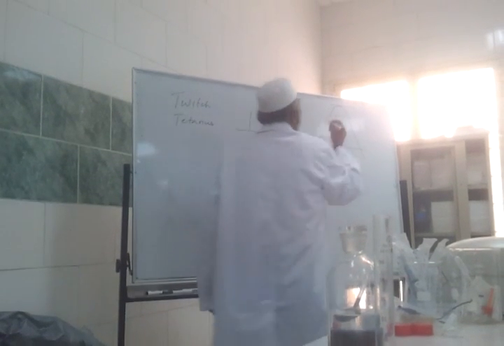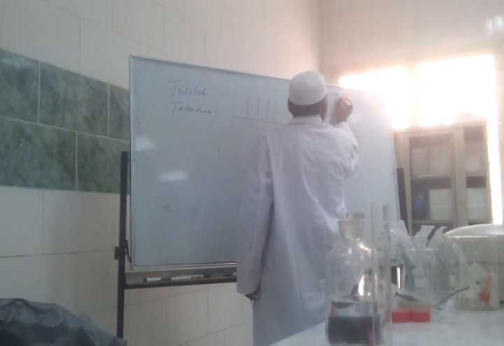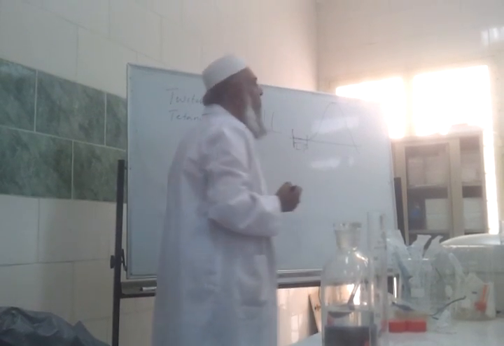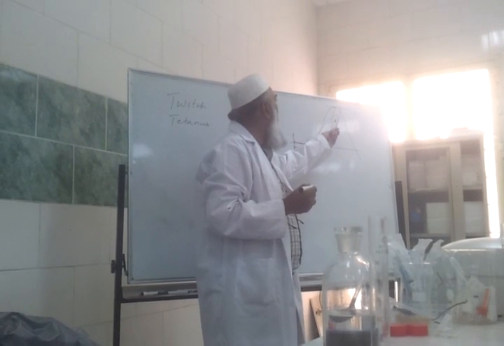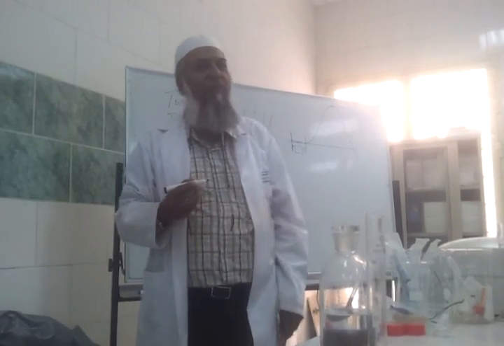Now here again you can see that at this point and at this point the curve is in contact with the top line, and beyond this point it is separated from the top line.